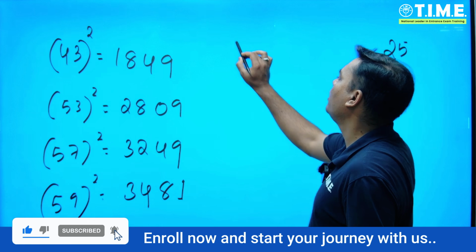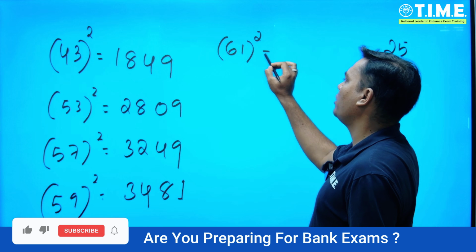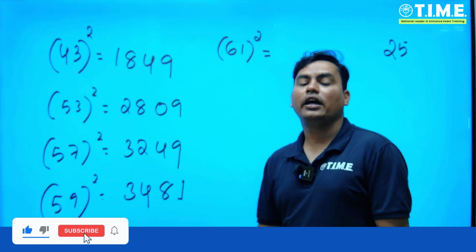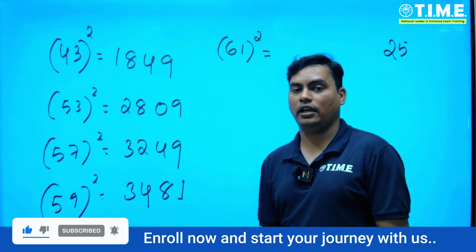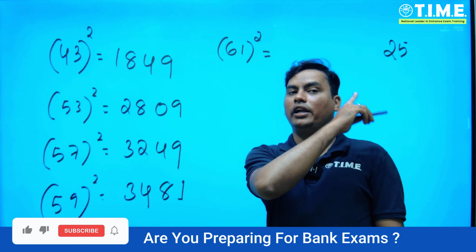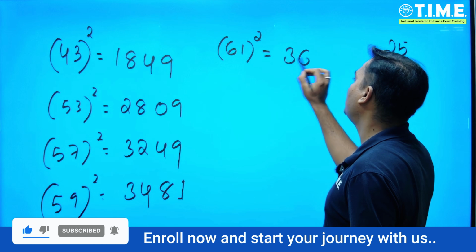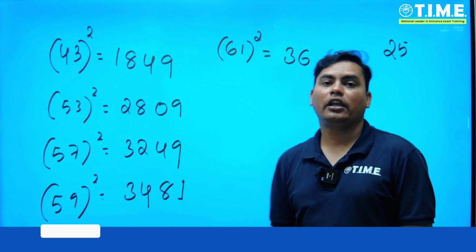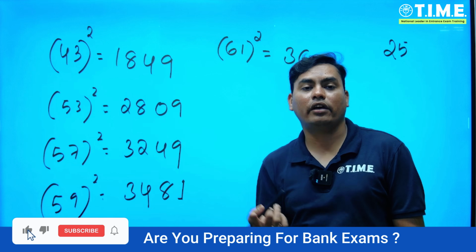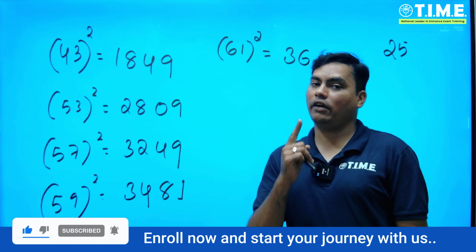Okay. Now if I go to the higher numbers, 61 square now. If you observe, this 61 is 11 more than 50. What will I be doing? I will be adding that 11 now. 25 plus 11 will be 36. Now that 11 square will be 121. I am having a 3-digit number now, so I will have a carry.